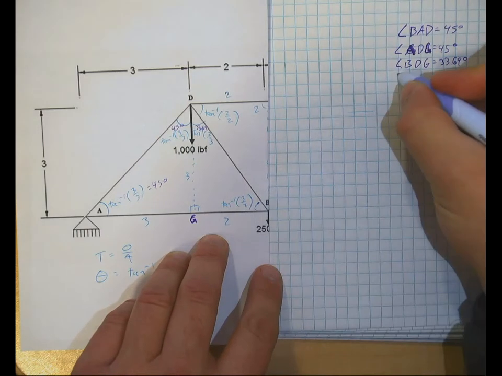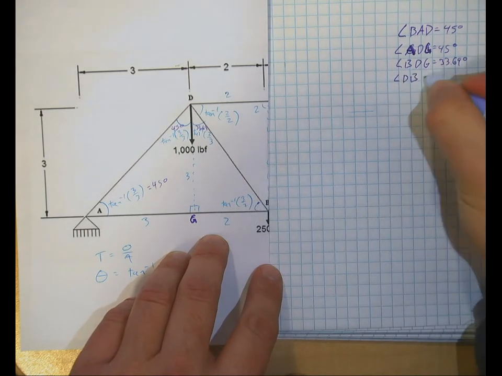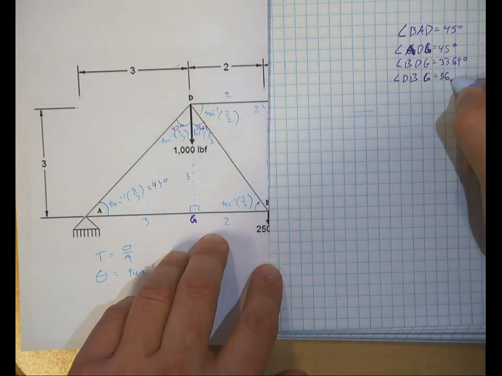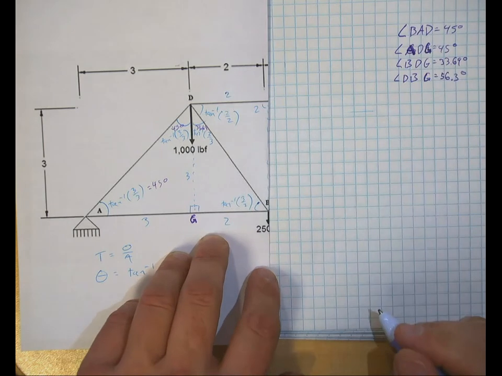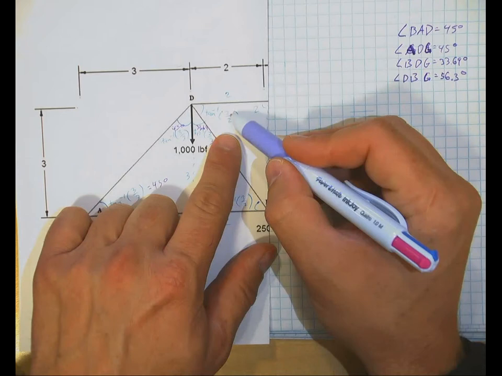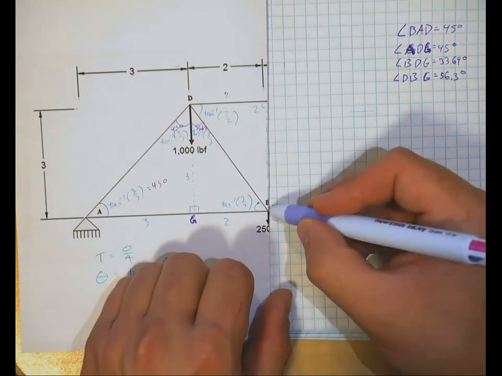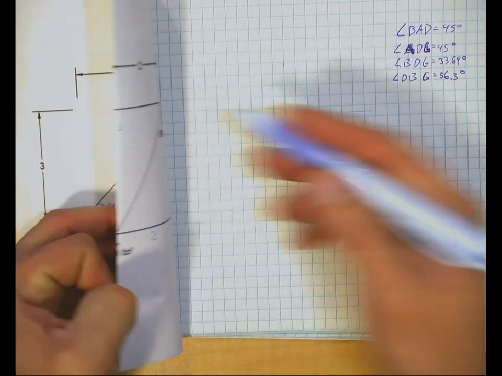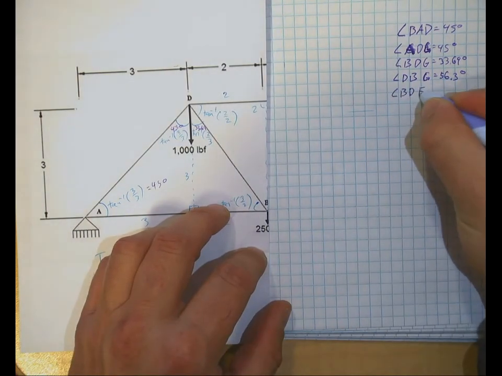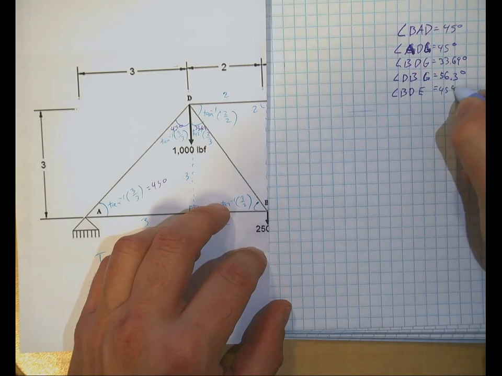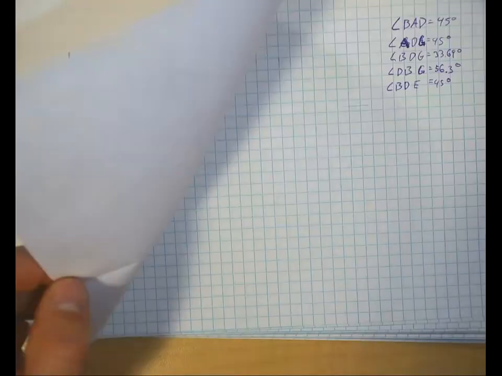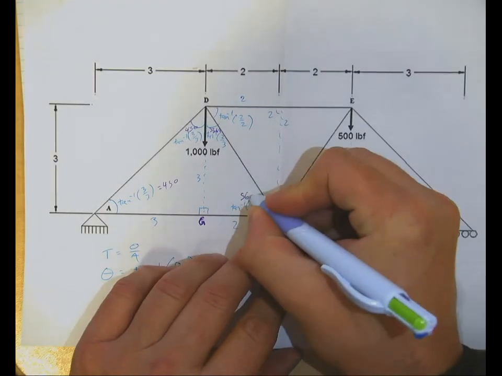We're going to call that DBG, 56.3 degrees. And then we have the inverse tangent of 2 over 2, which is inverse tangent of 1. So we have BDE is equal to 45 degrees. At that point, we basically have all of the angles in our drawing here.